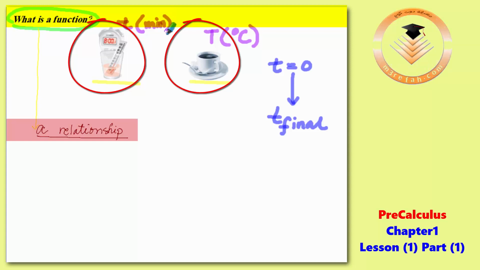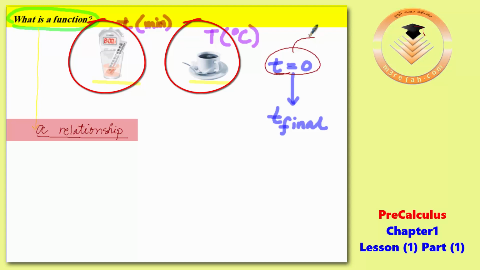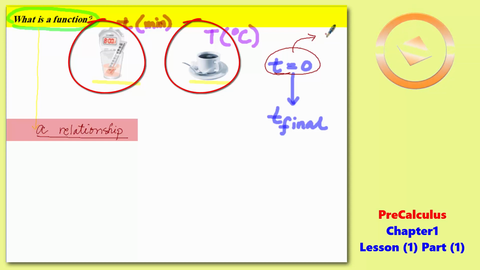Now, practically, when you just poured boiling water on your cup of coffee, at first, at 0 minute, your coffee temperature would most likely be somehow lower than the boiling temperature, of course, because you just poured it, and in pouring it lost some energy.